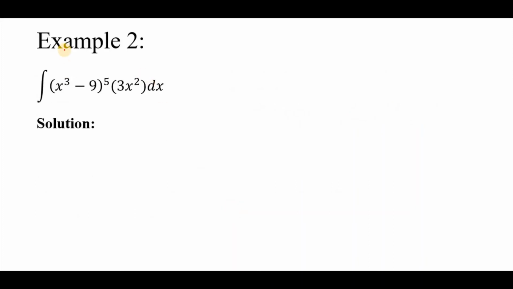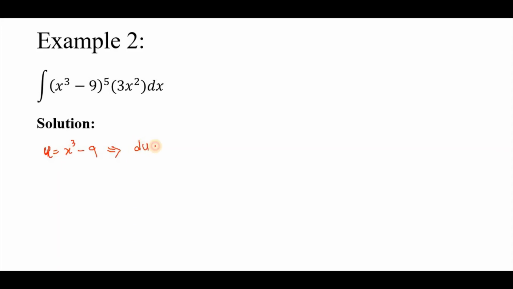Let's try that. The first example, we want to find the integration of (x cubed minus 9) all to the 5th times 3x squared. Now I notice here that I have parentheses raised to a power, so I'm going to assume that u is what's inside those parentheses, which is x cubed minus 9. This is u. Now I need to find du, so I'm going to differentiate.